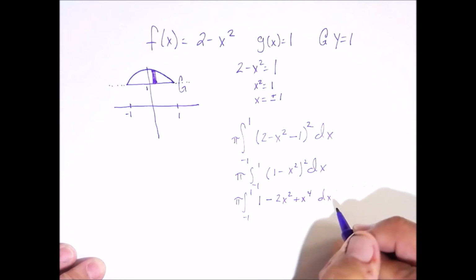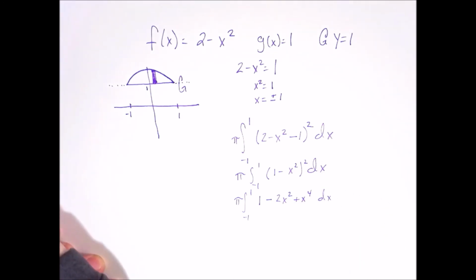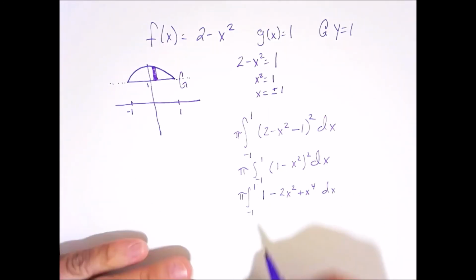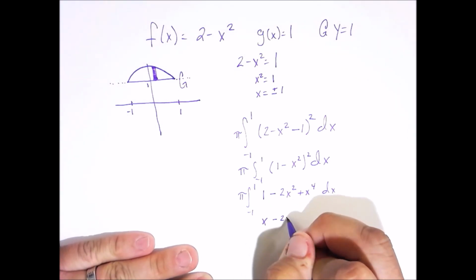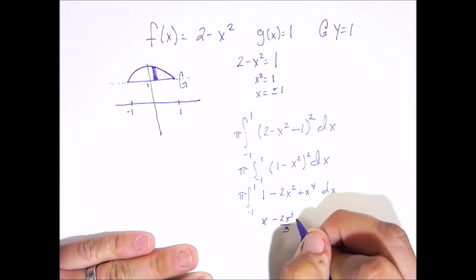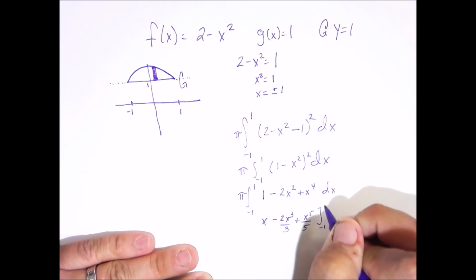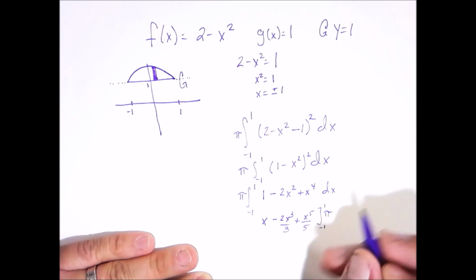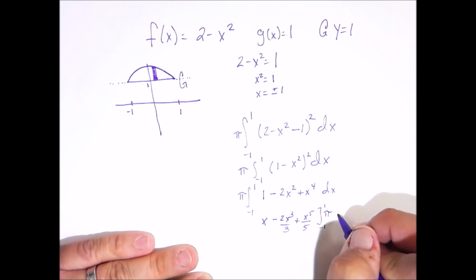And now you should be able to do the rest. So I'll give you a minute. When you integrate it, you should have gotten x minus 2x cubed over 3 plus x to the 5th over 5 from negative 1 to 1, and then your answer times pi. Did you get 16 over 15?